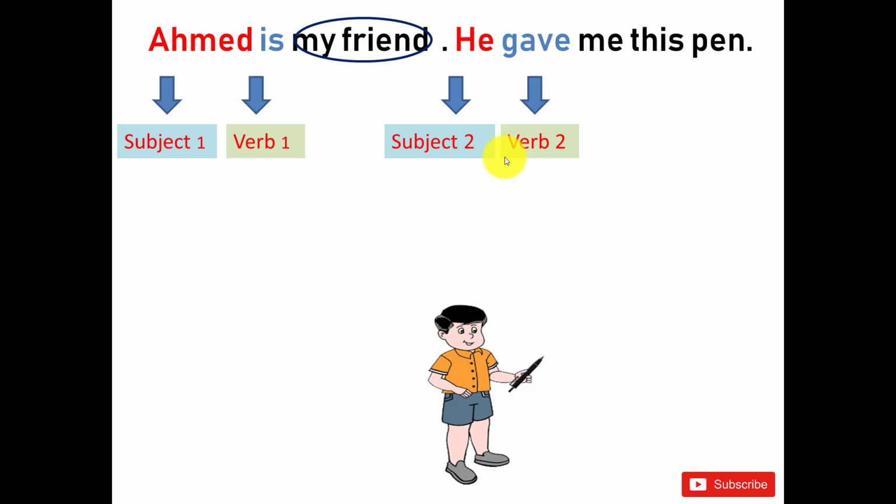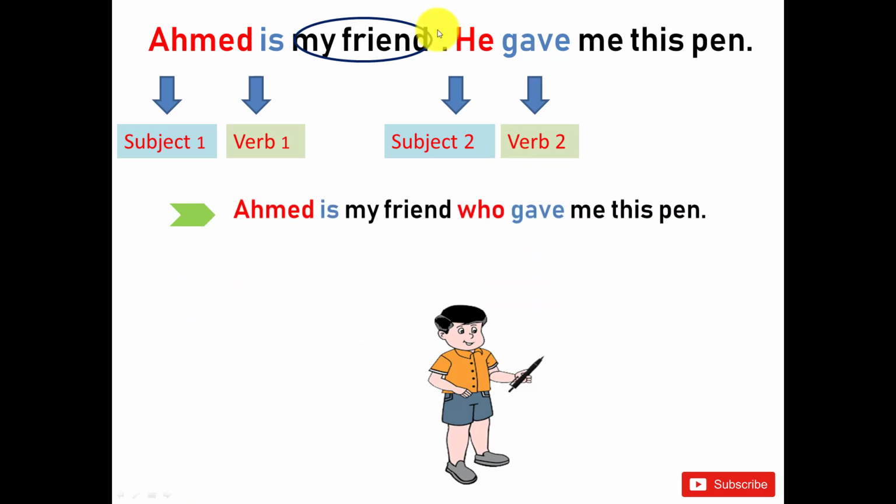Can we make these 2 sentences one? And how? Perfect. This way. So Ahmed is my friend who gave me this pen. What happened here? So we dropped the full stop and the he because he represents Ahmed.